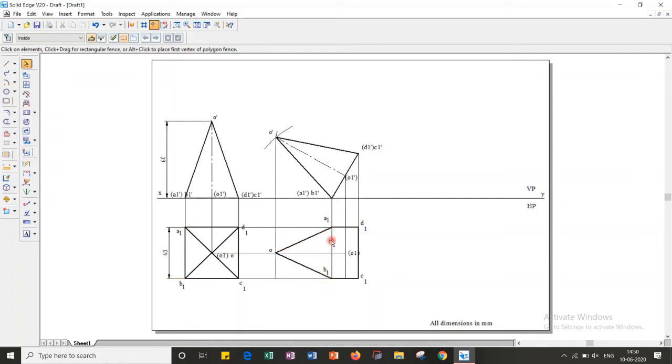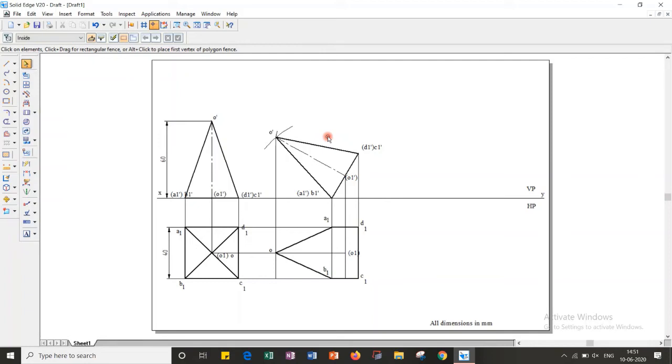Before you construct this line, you have to identify whether this edge is visible or hidden. To identify this, you have to observe from top side. When you observe from top side, for the points A1 and B1 below the axis line, you have to identify whether these 2 points lie above the axis line or below it. If a point lies below the axis line, then that point is hidden, and if it lies above the axis line, then that point is visible.